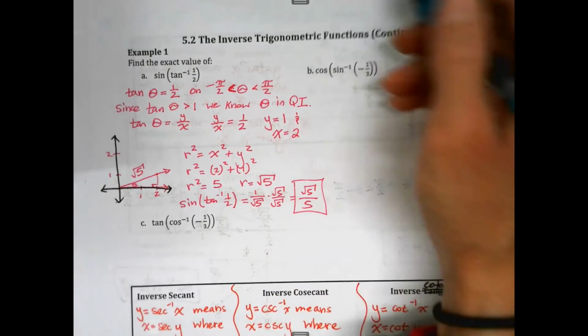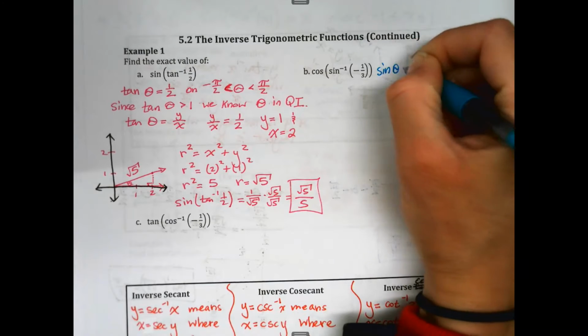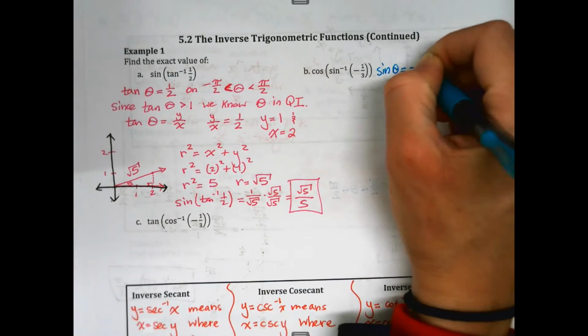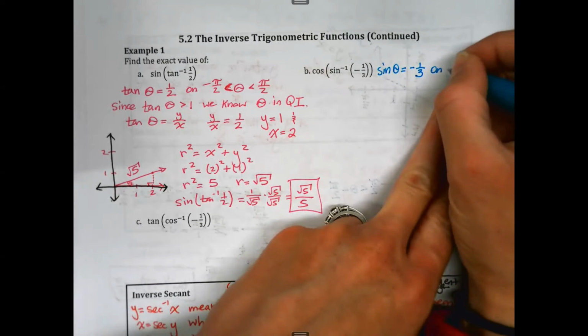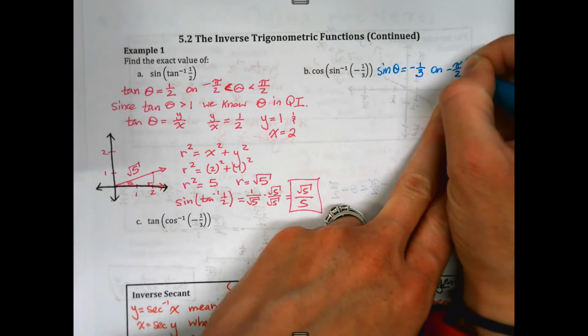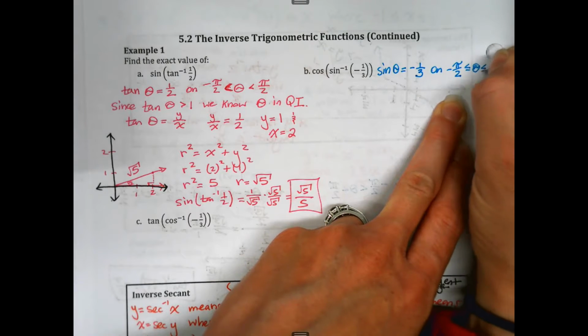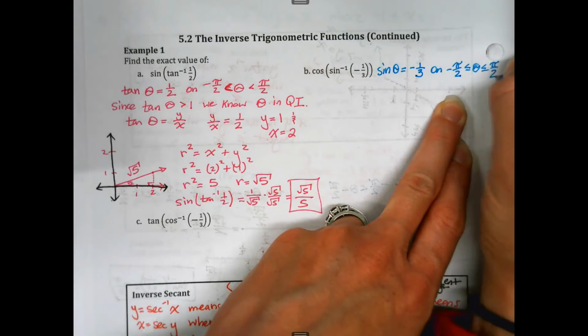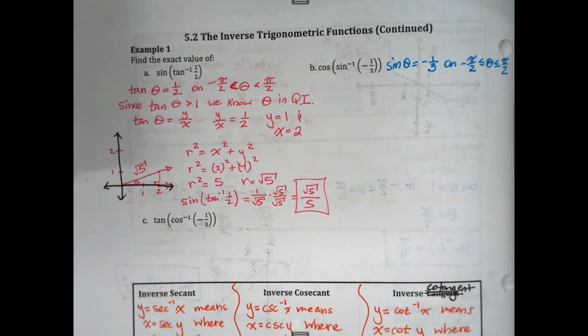So first, we want to solve sine of theta is equal to -1/3 on the interval from -π/2 less than or equal to theta less than or equal to π/2, because that is our interval on which the inverse sine is defined.